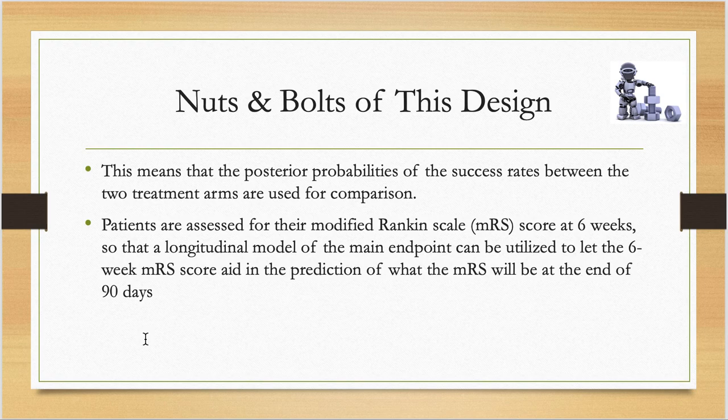And patients are assessed for their modified Rankin scale, or MRS, score at 6 weeks, so that a longitudinal model, like repeated measures, for example, of the main endpoint can be utilized to let the 6-week modified Rankin scale score aid in the prediction of what the MRS score will be at the end of 90 days, which is the end of the treatment goal.